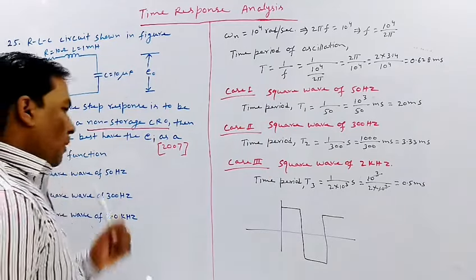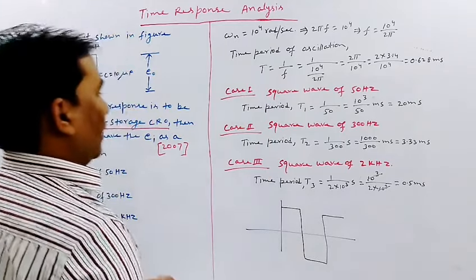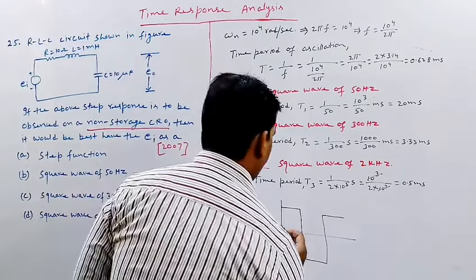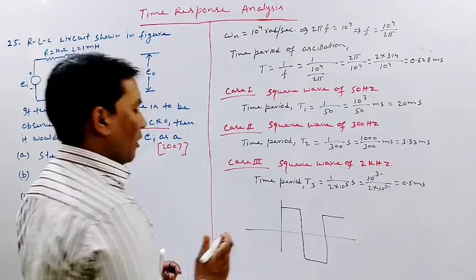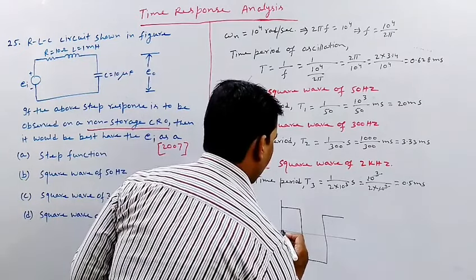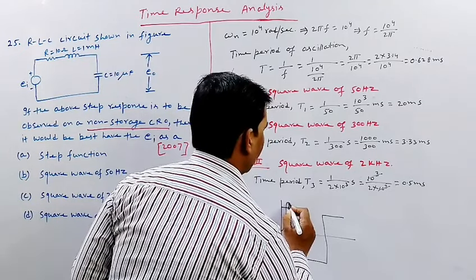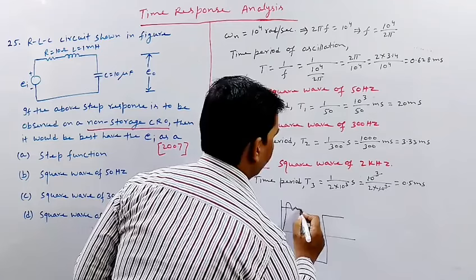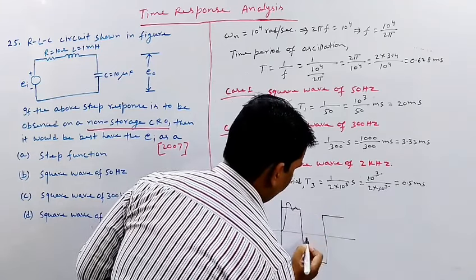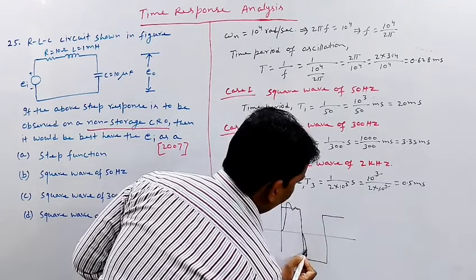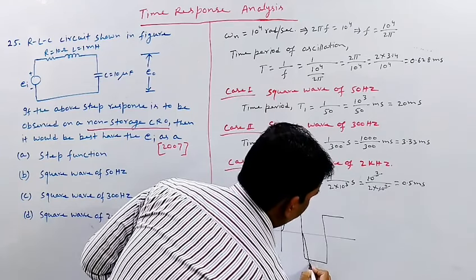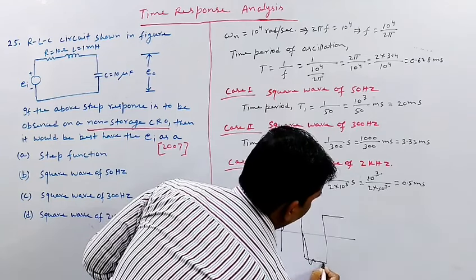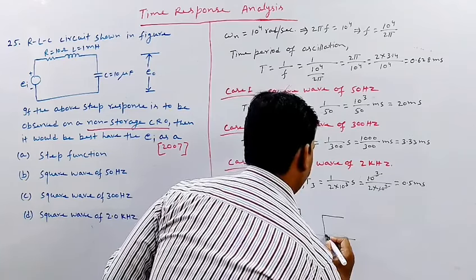And if we want to see the frequency of oscillation clearly, then it should be like that. Here also, in the opposite direction, it should be like that.